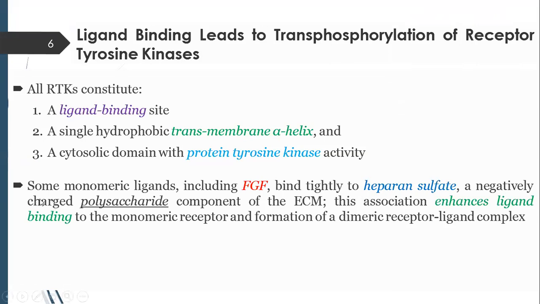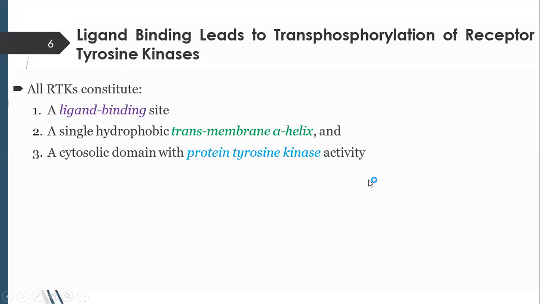Some monomeric ligands, including FGF, bind with the receptor tightly. They bind with the receptor through heparin sulfates, and heparin sulfates are negatively charged polysaccharides, and this association enhances ligand binding to the monomeric receptor and formation of the dimer.